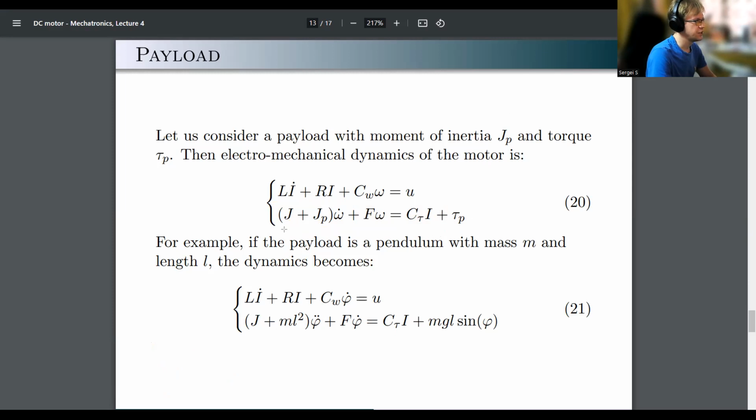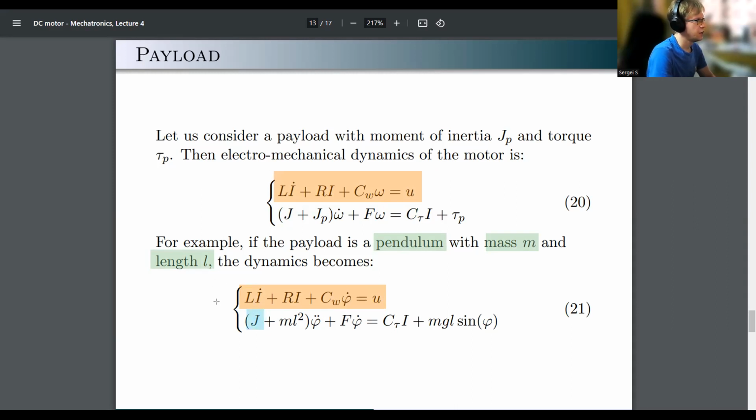So the example is a pendulum, with a mass m and length l. What does it give us? Well, the first equation is exactly the same as before, so nothing changes. Here we have the second equation.